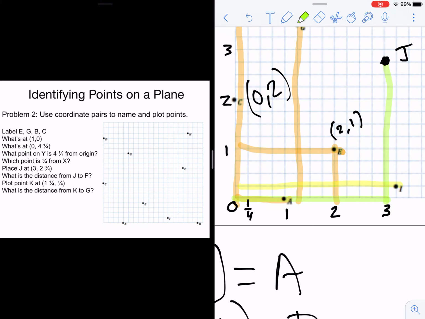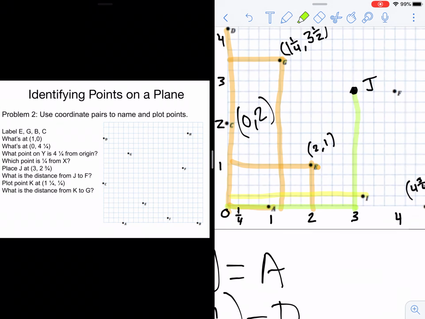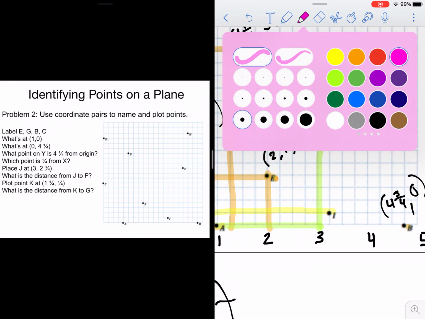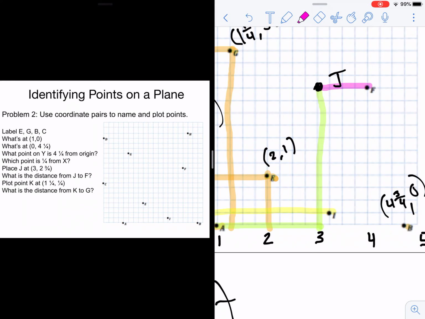Okay, next one. What is the distance from J to F? Ooh, okay. So here's J. I'm going to use a different color highlighter. J to F. What is our distance, everyone? So J is still over 3. Let me label J. 3, 2 3/4.